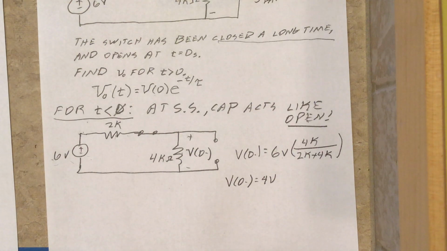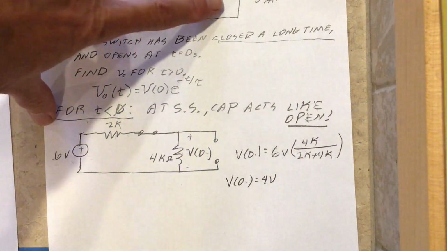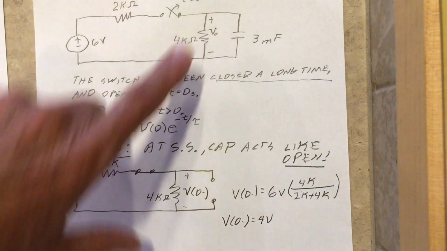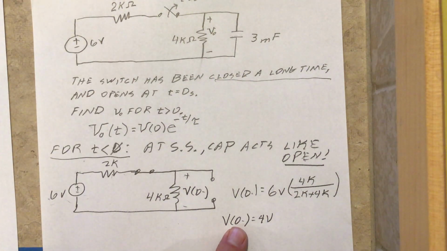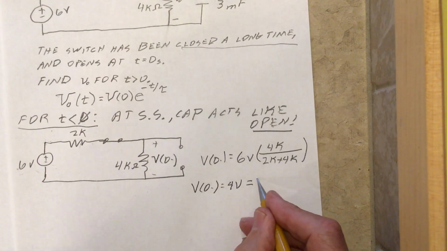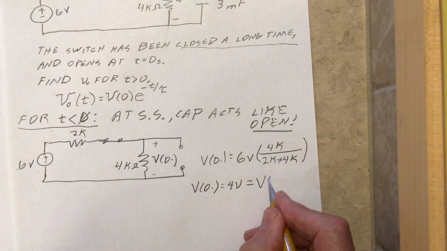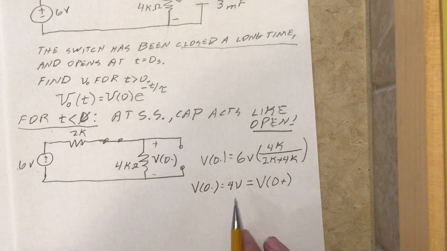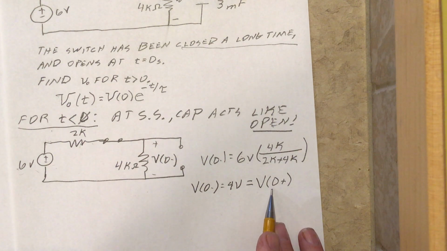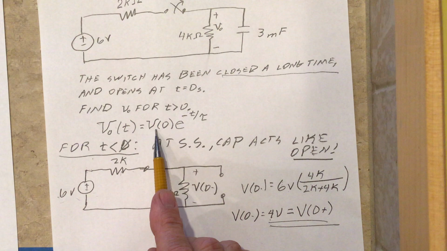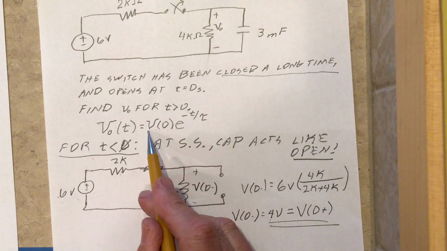And remember that the voltage across a capacitor cannot change instantaneously. So just before the switch opens, it's 4 volts. That means that just after the switch opens, it's also 4 volts. There we go. So we know right when the switch opens, it's 4 volts. So we now know this term, the voltage at time 0. That's 4 volts right there.